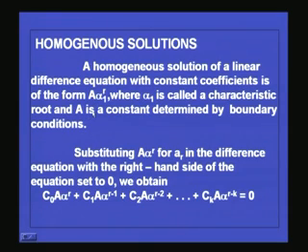Let us see how this happens. Suppose you have A alpha^r in place of a_r, in the difference equation with right hand side equal to 0. Then you have c_0 A alpha^r plus c_1 A alpha^(r-1) plus c_2 A alpha^(r-2) and so on up to c_k A alpha^(r-k) equal to 0. You get this if you substitute A alpha^r for a_r.